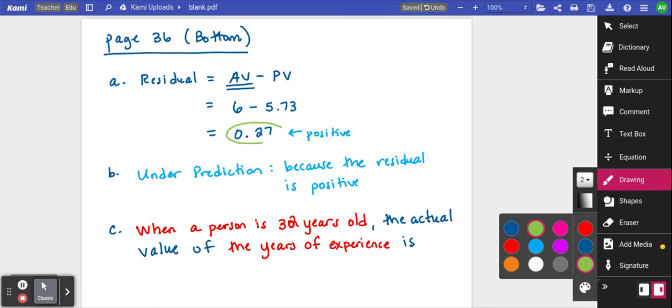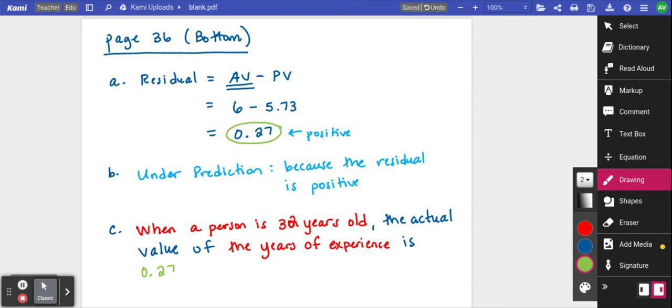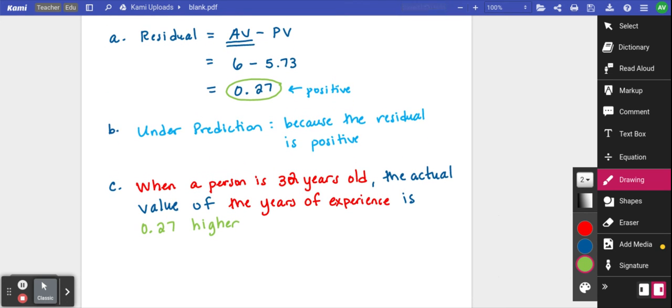This specific number says 0.27, so I would say 0.27 higher, and I'm using the word higher because that's a positive number, than the predicted value. And I'm ending with the predicted value just like this equation ended with the predicted value.